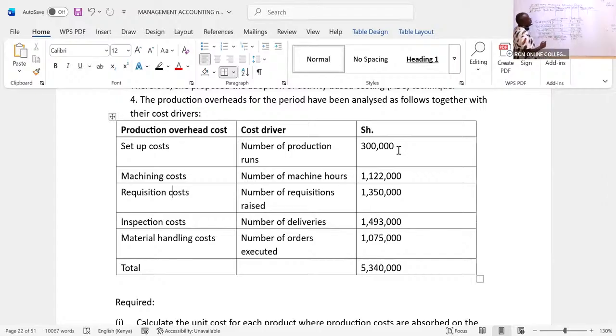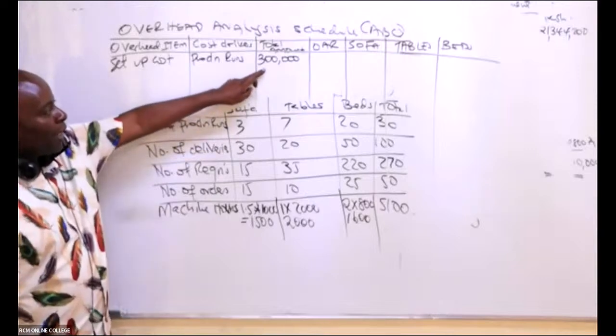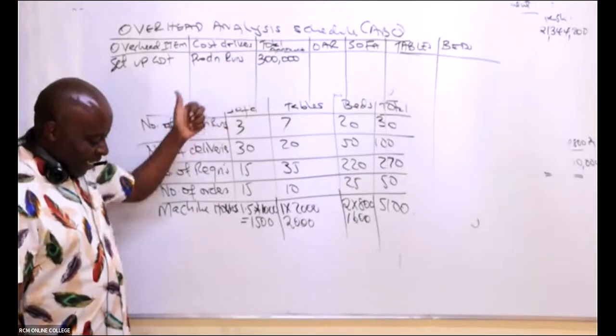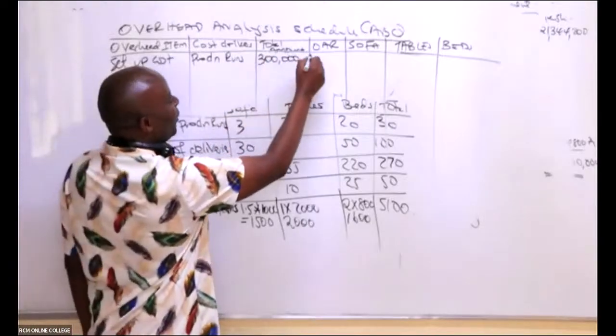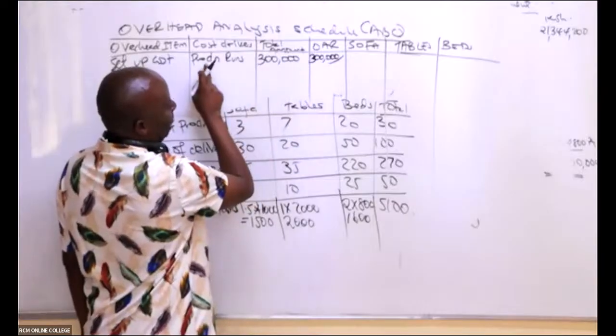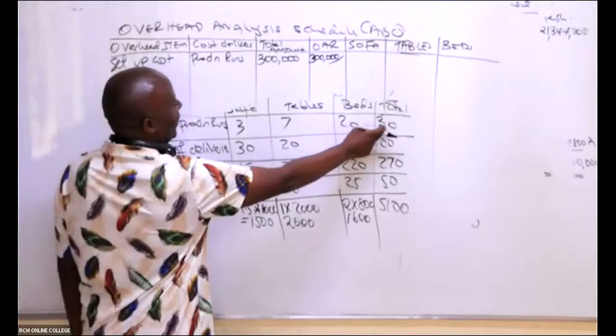So then to get OAR, I will take the total overhead over the total cost driver. Total overhead is 300,000. We know that here the cost driver is the production runs. Do we have production runs total? 30.